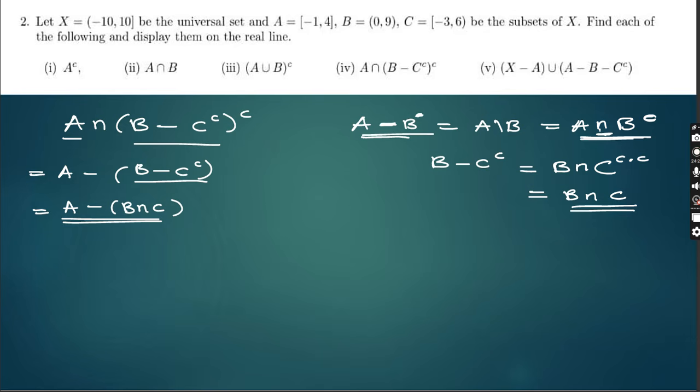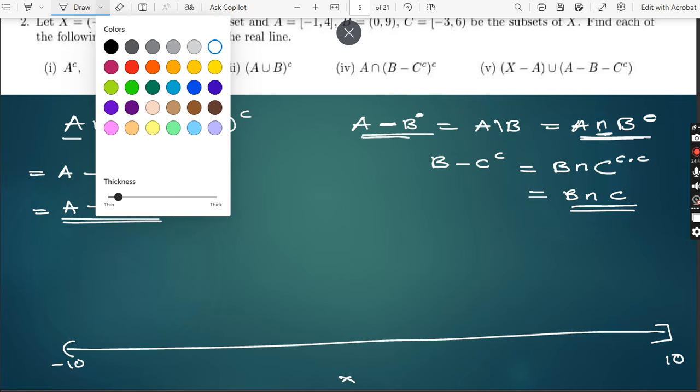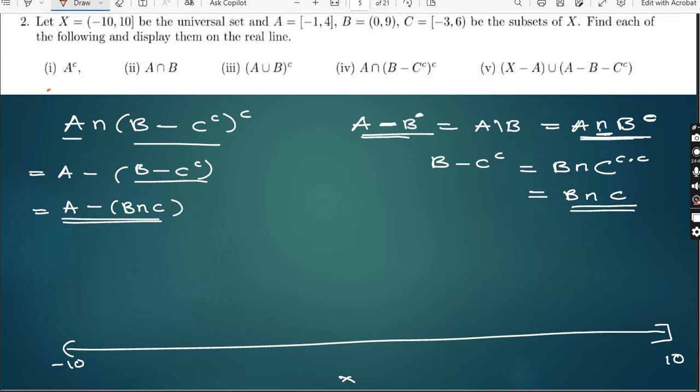As usual, we're going to draw our universal set, running from this point all the way to -10 there. This is our universal set. In this sense, we are using all the elements in A, B and C. So we have -3 as the smallest there.